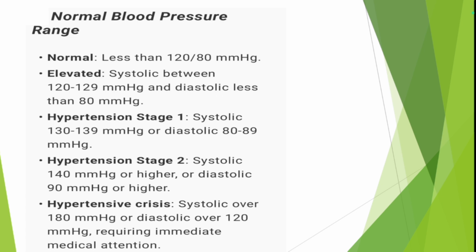The systolic pressure increases from 130 to 139, and the diastolic also increases from 80 to 89. Okay, in the hypertension stage 2 or high BP stage 2, the systolic pressure is around 140 mmHg or higher. Can you imagine how the pressure goes higher and higher in the arteries? And the diastolic is around 90 mmHg or higher.